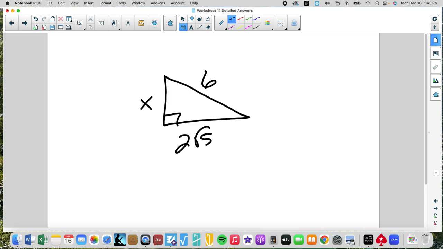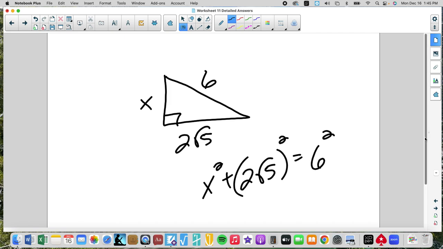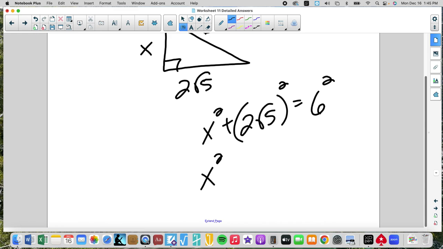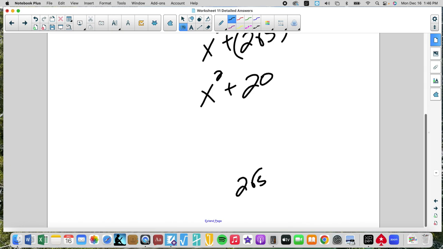Ooh. So you're squaring, and you're squaring. The real question, the test here, is what is 2 rad 5 squared? 20. Because you have 2 rad 5 times 2 rad 5. 2 times 2 is 4.